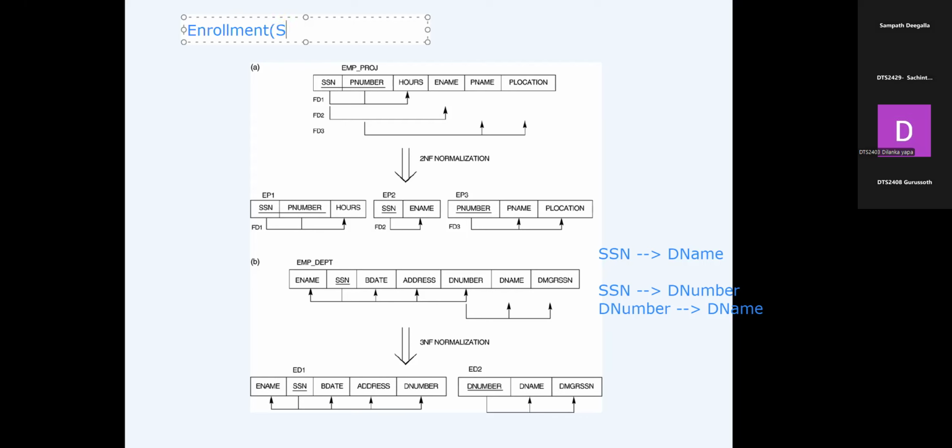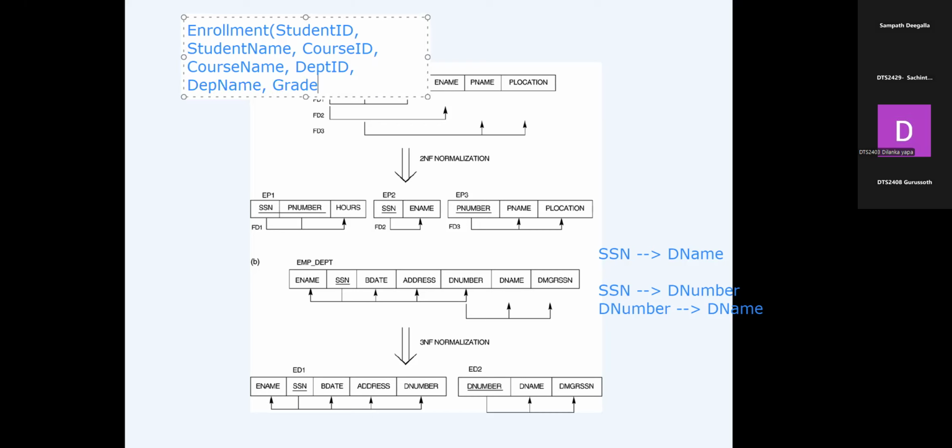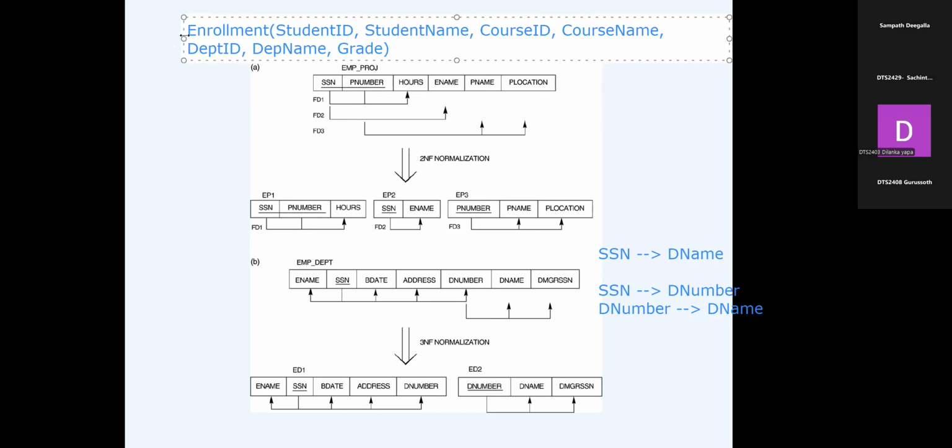Let's say we have student ID, student name, course ID, course name, department ID, department name, and grade.